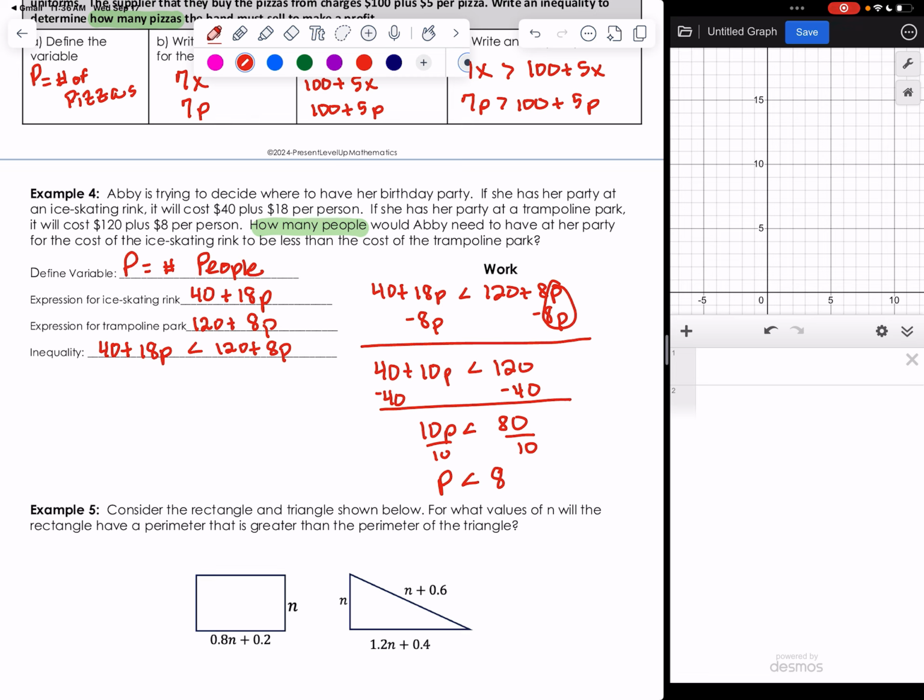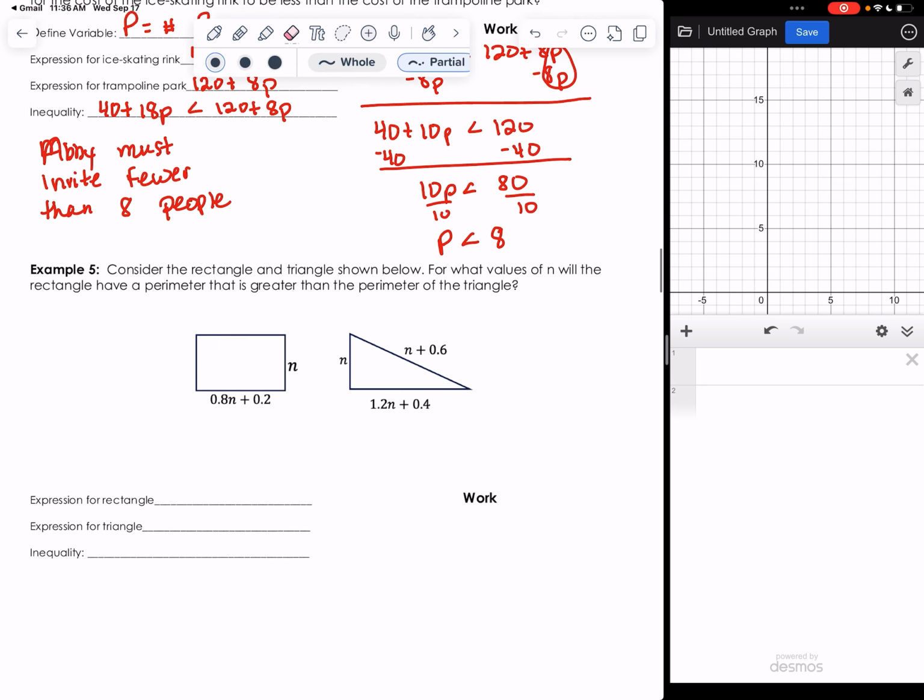So I'm going to say Abby must invite fewer than 8 people for the cost of the skating rink to be less than the cost of the trampoline park.